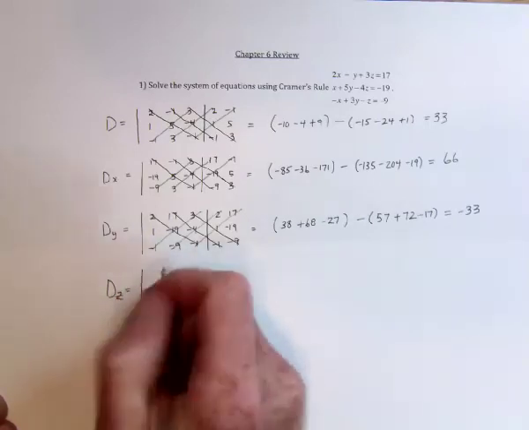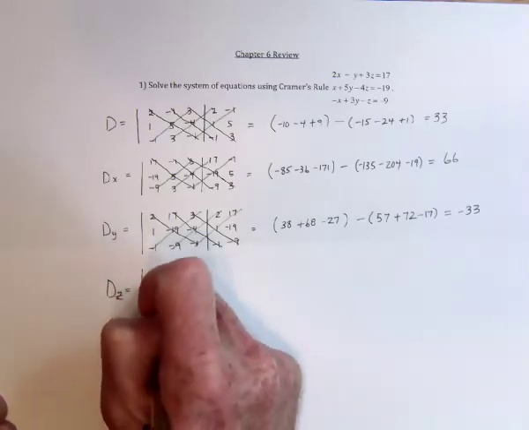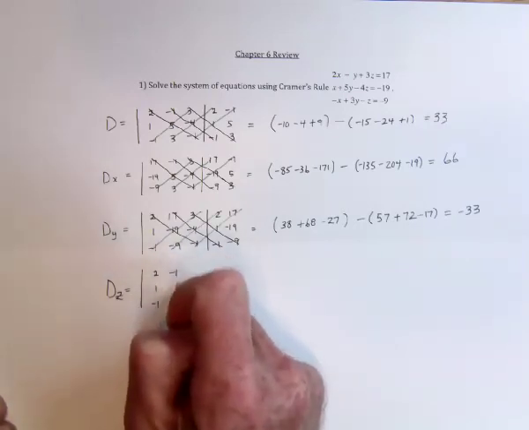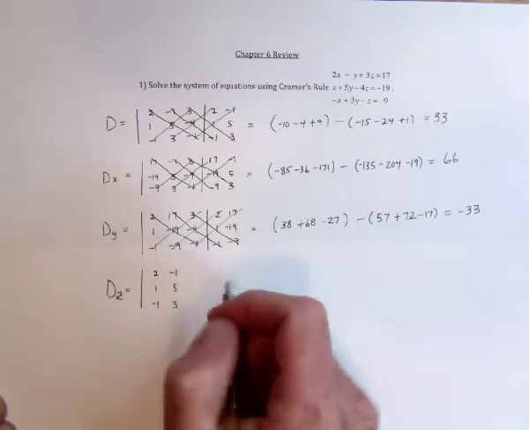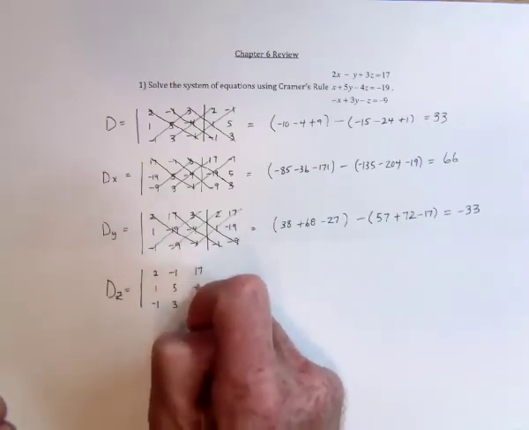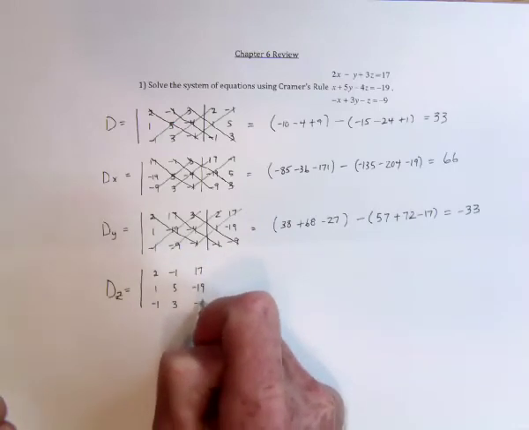So then change the x's and y's back to what they were. 2, 1, negative 1, negative 1, 5, and 3. And now the z's get replaced with 17, negative 19, negative 9.